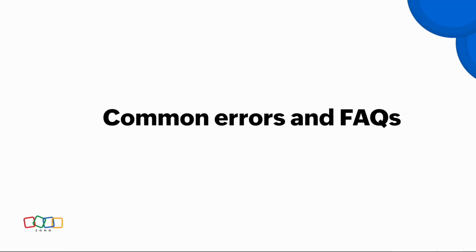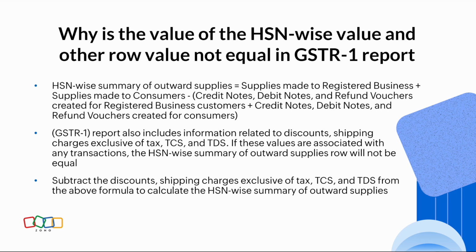Now let us understand the common errors and FAQs on GST filing in Zoho Books. Why is the value of the HSN-wise summary of outward supplies row not equal to the combined value of other rows in the summary of outward supplies in the GSTR 1 return? This is the formula in which the HSN-wise summary of outward supplies is being calculated.